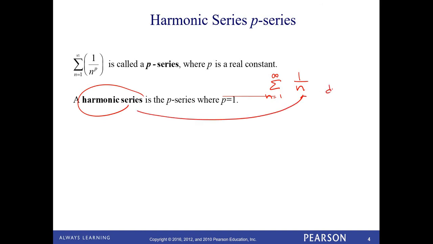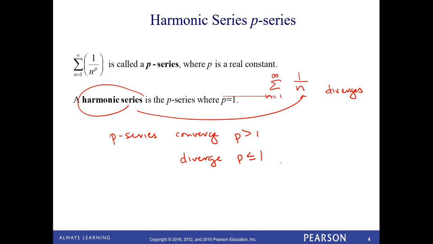The harmonic series diverges. A p series will converge if p is greater than 1, and it will diverge if p is less than or equal to 1.